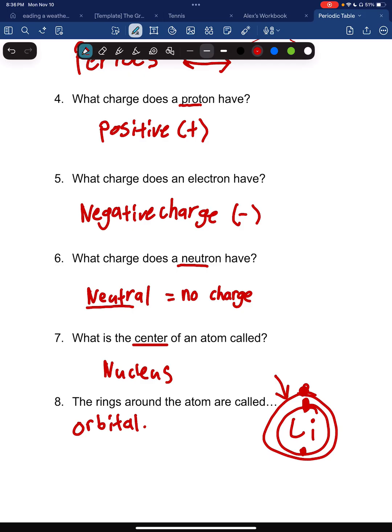So our electrons, these guys here, they are orbiting our nucleus in the center here. And the rings, where they're most likely located, are called orbitals because those electrons keep going around and around the nucleus of our atom. Okay.